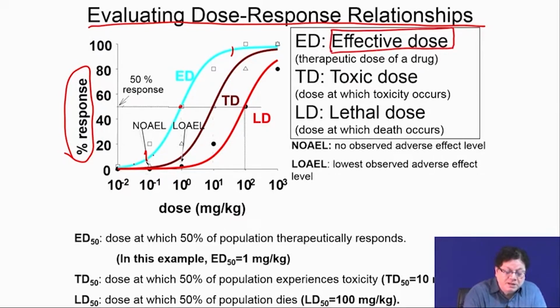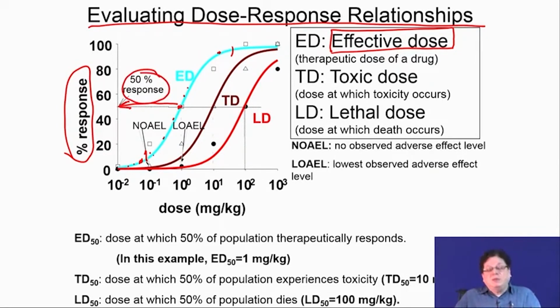ED50 is what is called effective dose. You do not take this dose as the effective dose. The effective dose is somewhere in between this point and that point. That means, here it is the 50%.